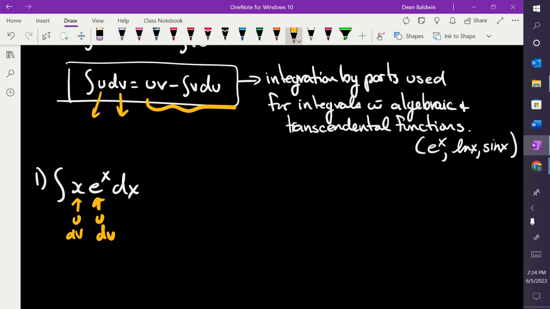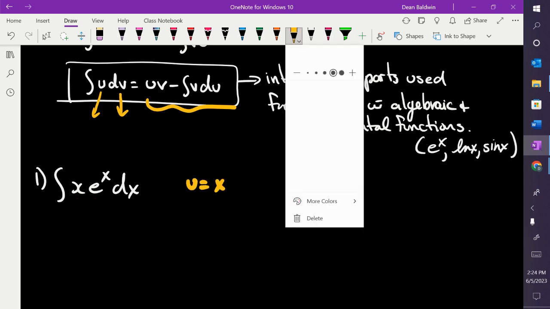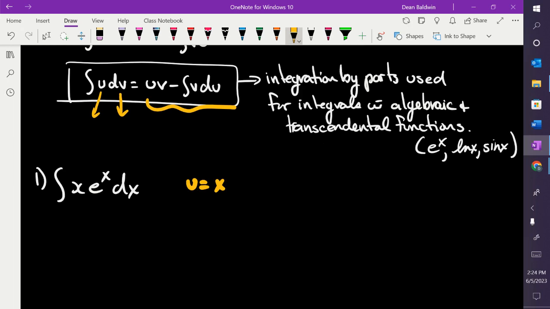E to the x, all right? Because what's the integral of e to the x? E to the x. So we're going to say u is equal to x, and dv is equal to e to the x dx. You have to take the dx with it, okay?